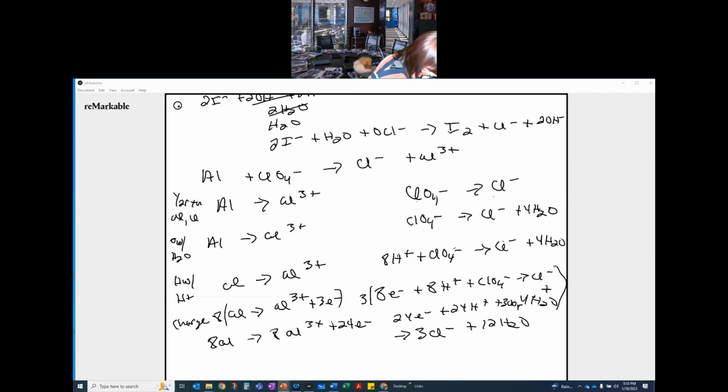So I have 24 electrons on both sides, so I'm going to cancel them. I don't have any H plus in common, I don't have any H2O in common, so I now can add: 8 Al plus 24 H plus plus 3 ClO4 minus goes to 8 Al3 plus plus 3 Cl minus plus 12 H2O.